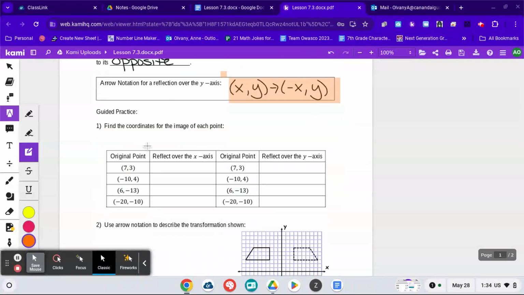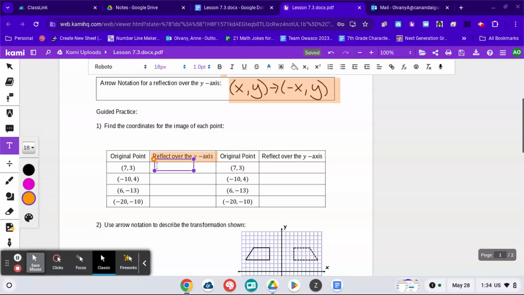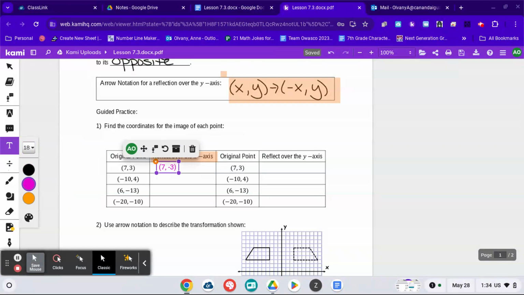So down here, we're going to practice that. This column right here is all flipping over the x. So as we rewrite each of these points, if we are reflecting over the x-axis, the x stays the same, and that will be -3, 7, -3. If we are flipping over the x, x stays the same.